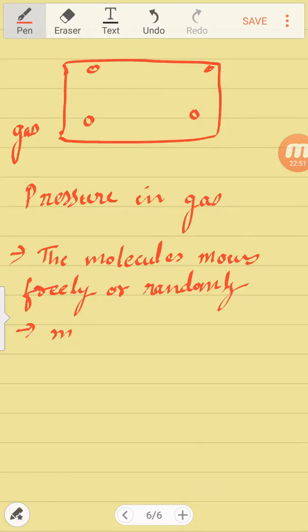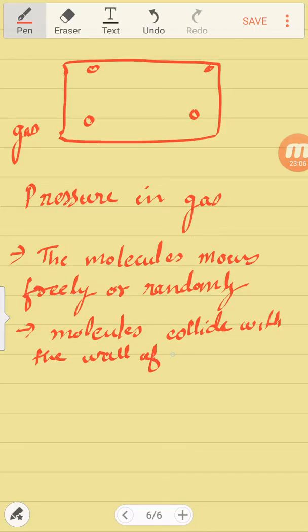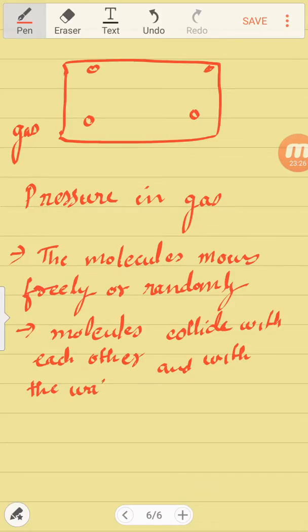Then the second point you have to write is molecules collide. You have to mention this word, collide, with each other and with the walls of the container.